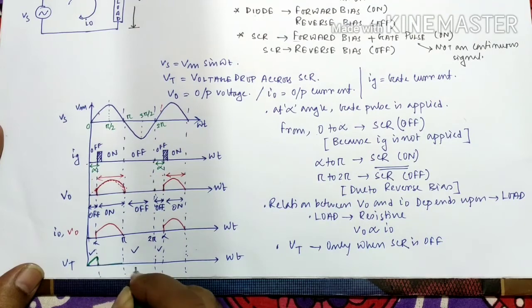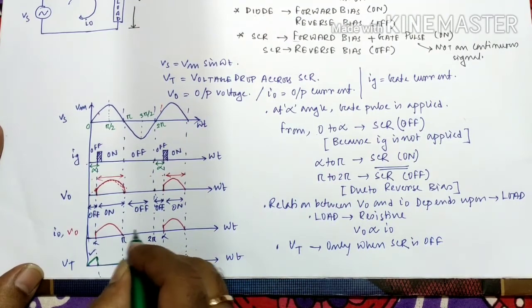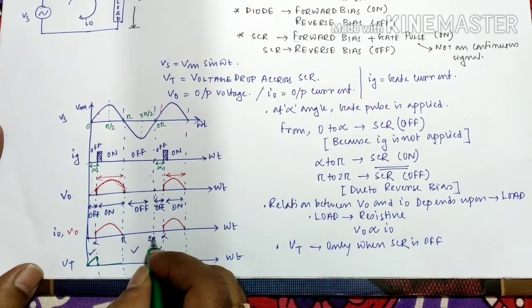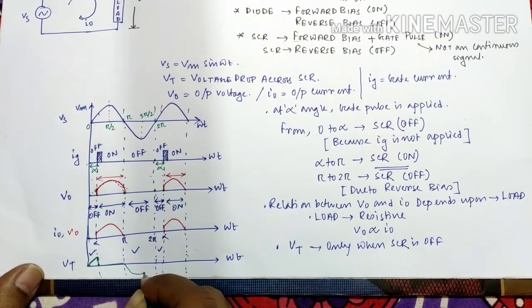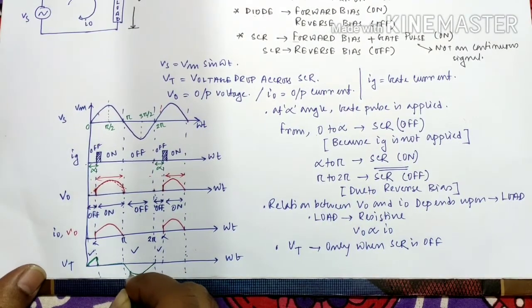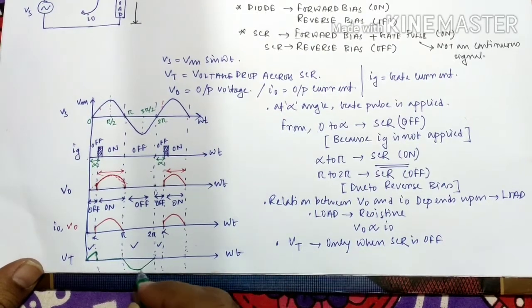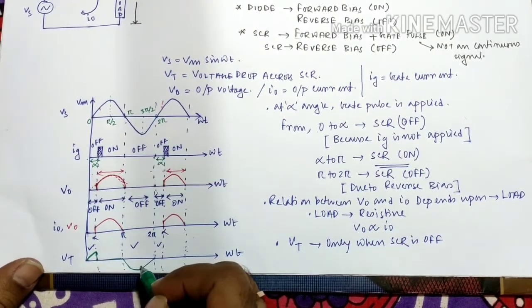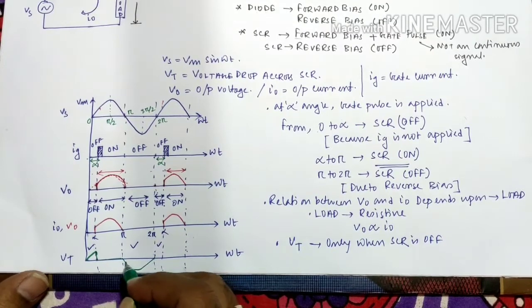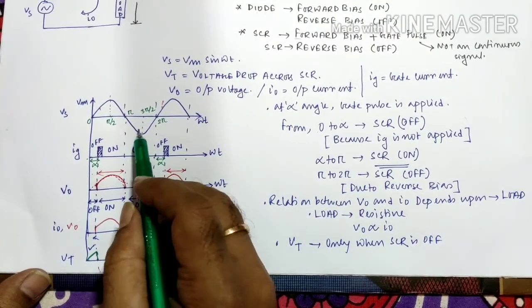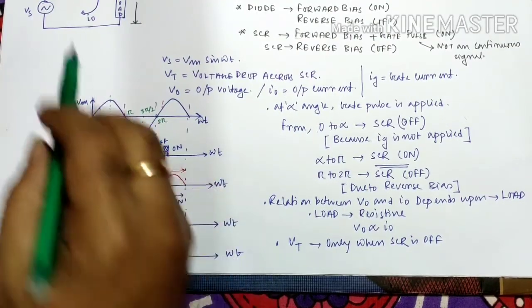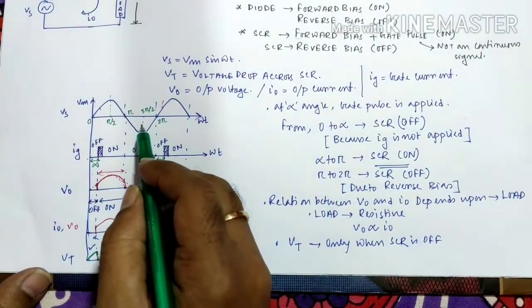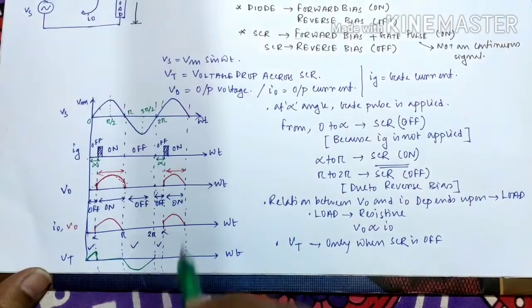After that, during this position from pi to 2 pi SCR is off, so we will get Vt, and Vt will follow the exactly same waveform of the Vs. Remember here, it might not look similar, but what I want to draw here, that this curvature will be exactly same of this curvature, because in this region the SCR does not conduct, so I will get the voltage drop across the SCR.